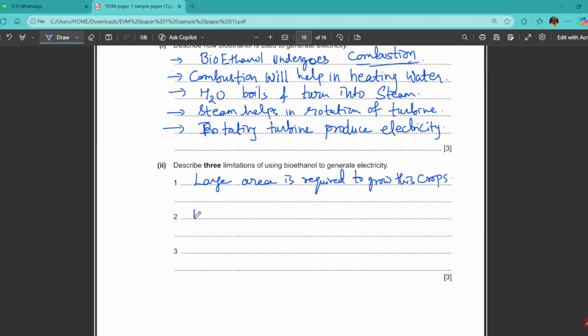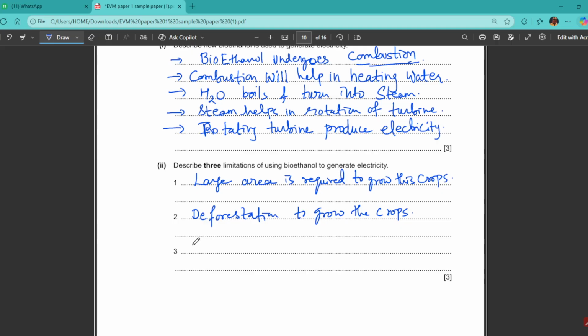So we have to do deforestation to grow the crops. Now when we do deforestation, a large area is required for growing the crop, but the energy that is produced from the bioethanol is low.